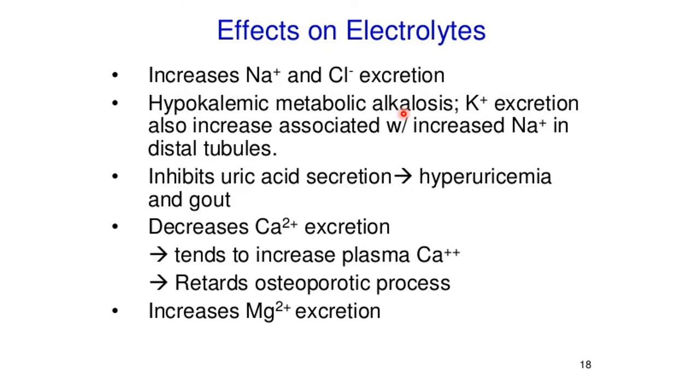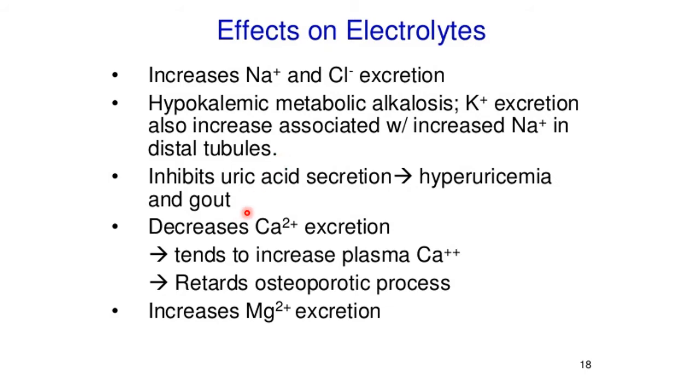So sodium will be conserved and the potassium will be excreted. So they can produce hypokalemic metabolic alkalosis because of potassium excretion, which is associated with increased sodium in the distal tubules.